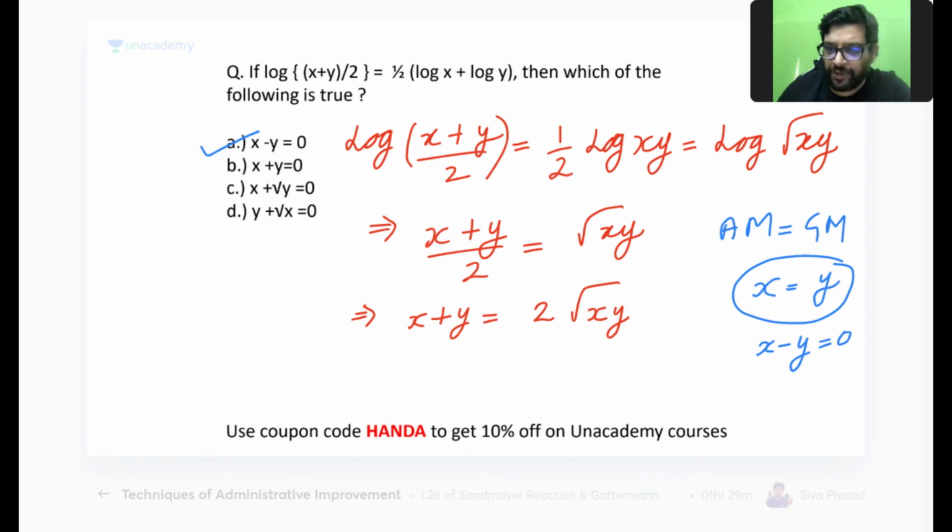Another thing, if you don't know this part, like Jalandhar does, and you have this equation, square it.